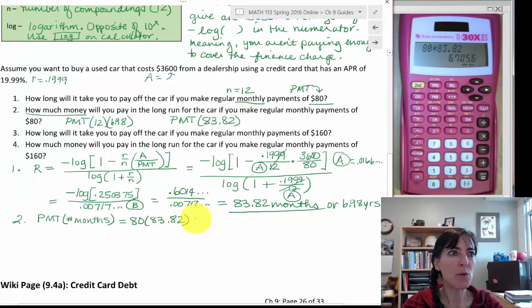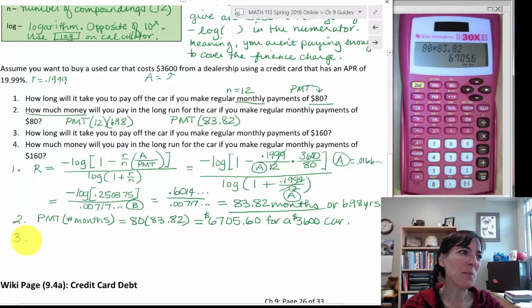That means I will have paid over the length of this loan $6,705.60 for a $3,600 car. I'm hoping that looks horrible to you.